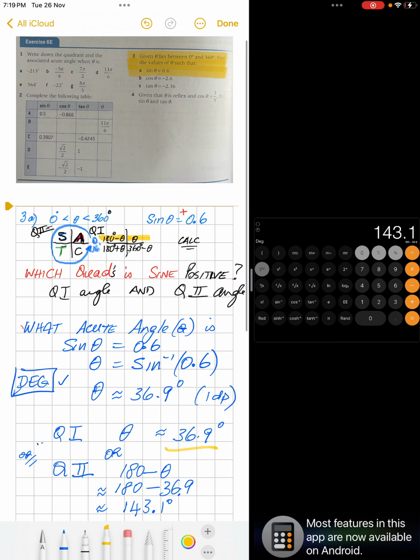It could be a quadrant 1 angle or a quadrant 2 angle. We knew that simply because sine was positive. And since sine is a positive number, there are two quadrants where sine is positive, quadrant 1 and quadrant 2. We found one of the answers by using our calculator to get our acute angle, and then we can apply the acute angle in the other formula and get both of the answers.